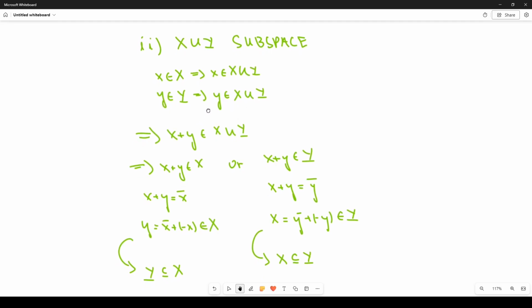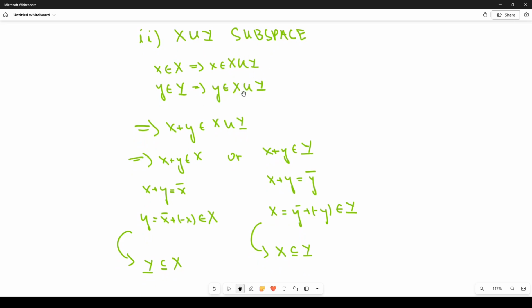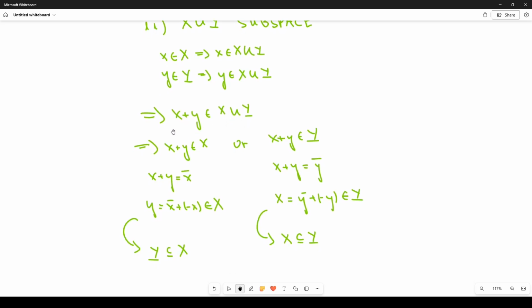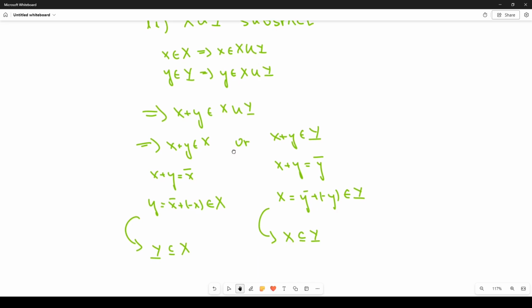And now, since this union is a subspace, we have that their sum also belongs to the union. And by the definition of an element belonging to a union, this sum either belongs to X or it belongs to Y. So I will just go through this case, and the same reasoning applies to the other case.